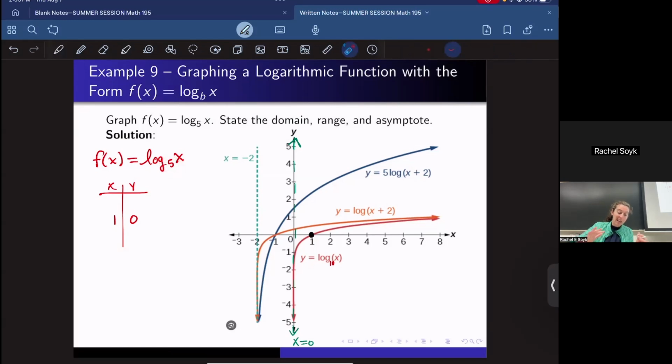I'm really going to accent this a bit more than it needs to be. But with log base 5 of x, I'm making it further away from your x-axis and further away from your y-axis. And then you're done. This should be approaching 0. There. So this is our log base 5 of x.